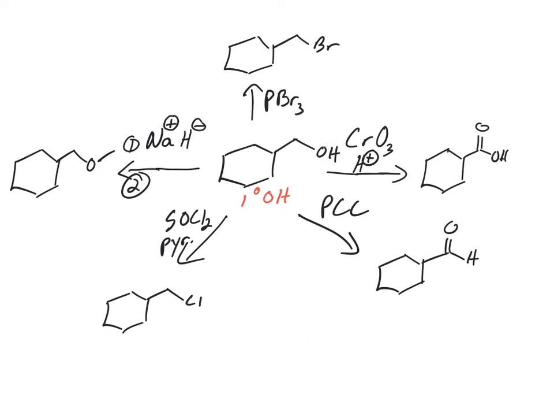We're going to have that O minus react with methyl iodide, and that's what this carbon right here is. So the O minus that we create, the H minus takes that H, deprotonates it, makes an O minus, and then that O minus does an SN2 and gets us to this ether. So it's a nice review of all the different reagents we can use with these primary alcohols.